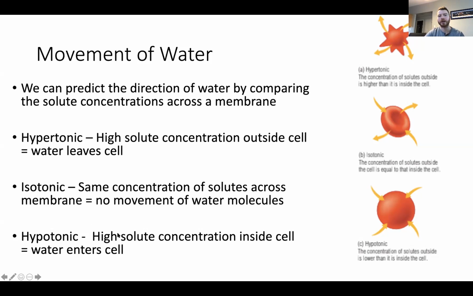Okay. So an example of the movement of water in real life, if we eat a really high salt meal, so maybe if we get like cheeseburgers and fries from McDonald's, that has a lot of sodium in it. After we ingest that high sodium meal, we're going to have lots of sodium circulating in our bloodstream. Okay.